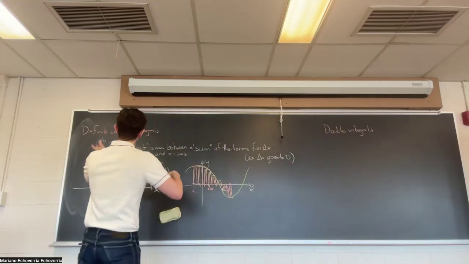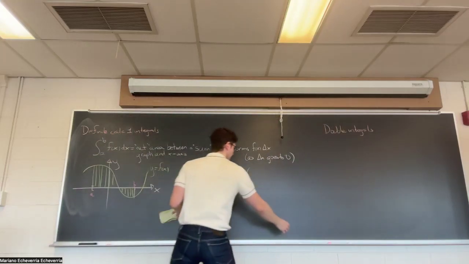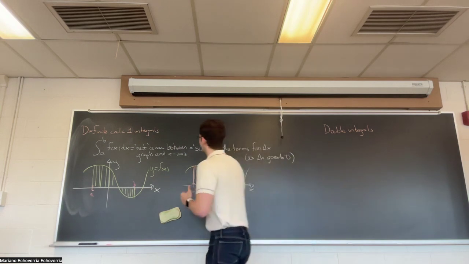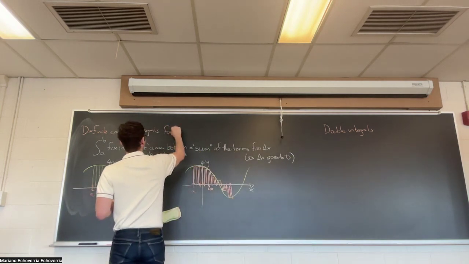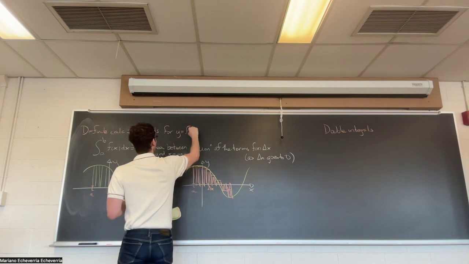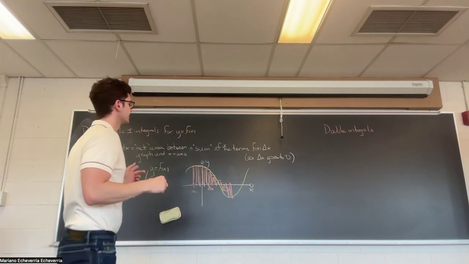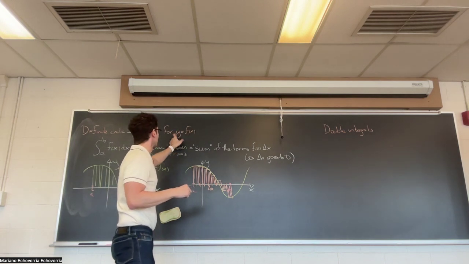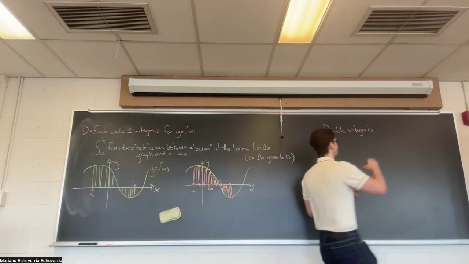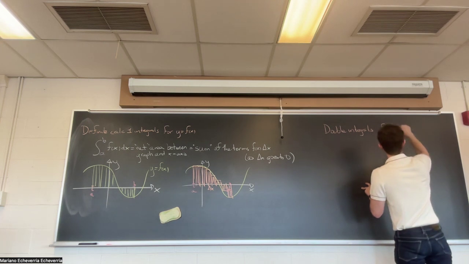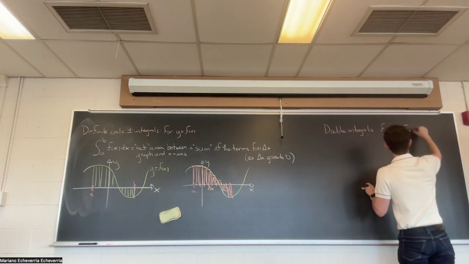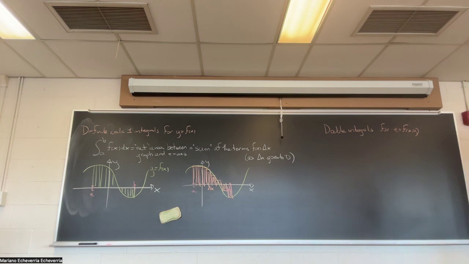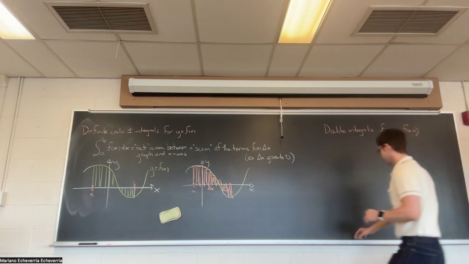A single integral in Calc 1 was for a function of one variable, right? The integral that we're going to start discussing today depends on two variables. So instead of calling it y equals f of x, you'll call it z equals f of x comma y.